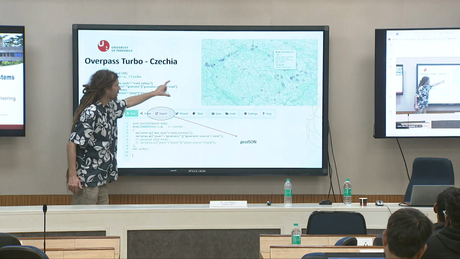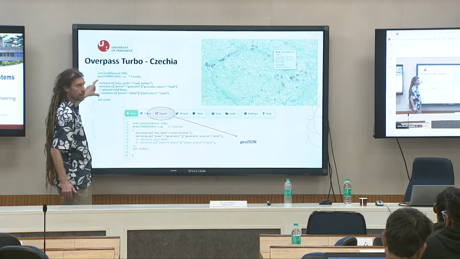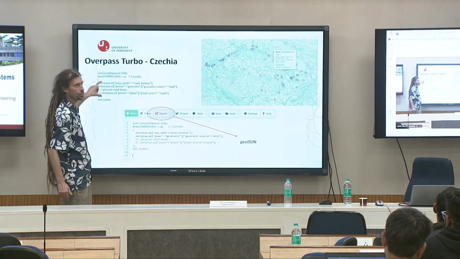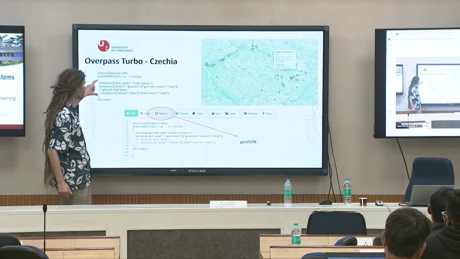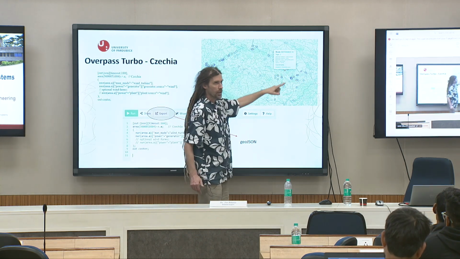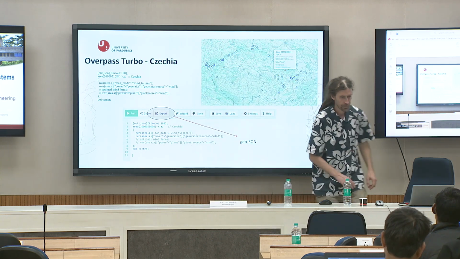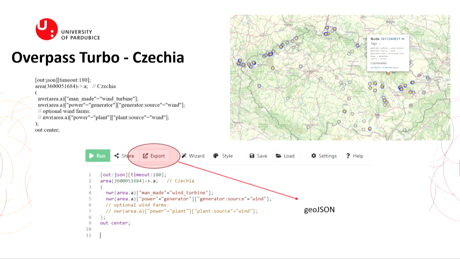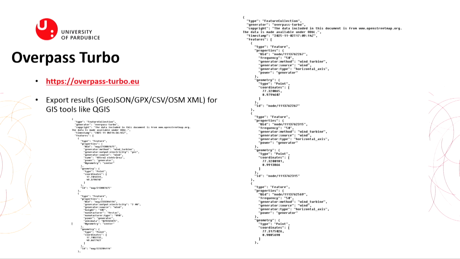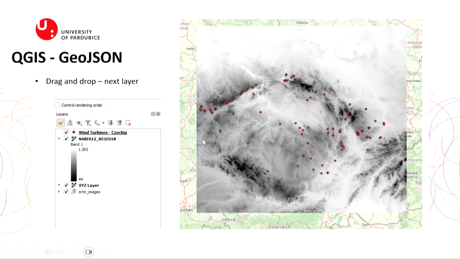So it is exactly this query that you need to put into overpass.eu, and you will get all these answers. And this is the output format. You can export as GeoJSON, CSV, XML, and so on and so on. So it is up to you.